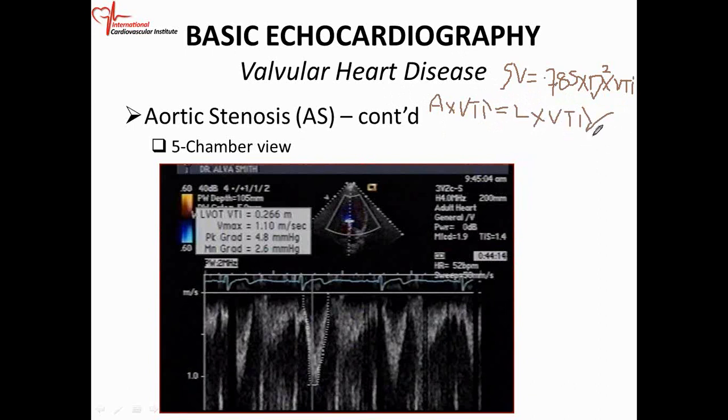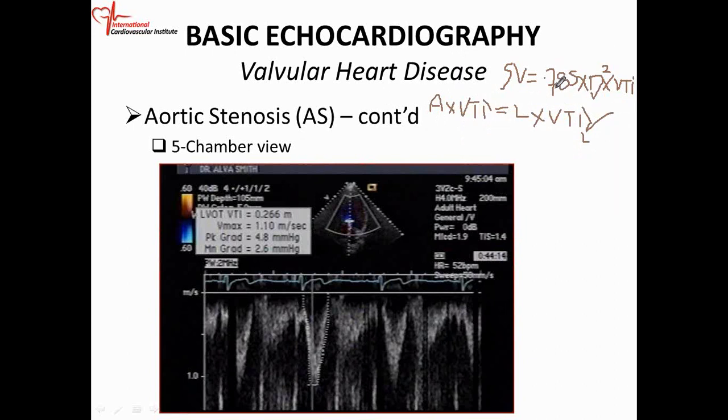So let's call this VTIL, because it's the VTI across the left ventricular outflow tract. So the continuity equation states that the flow across the aortic valve is equal to the flow across the left ventricular outflow tract. We can calculate the flow across the left ventricular outflow tract, which is this right here.